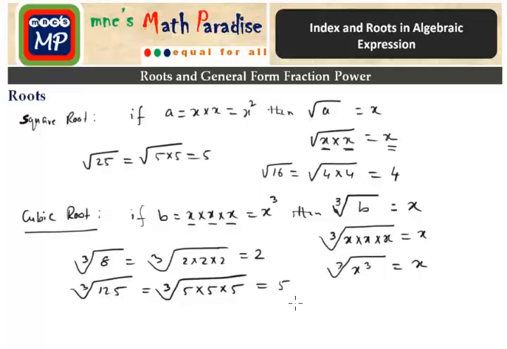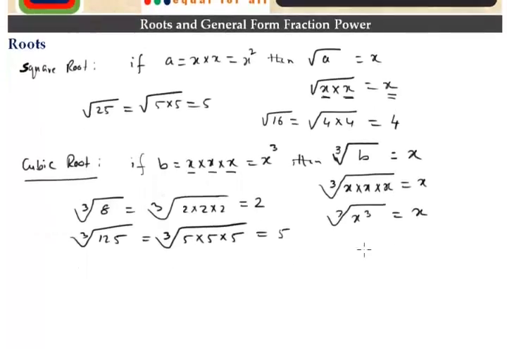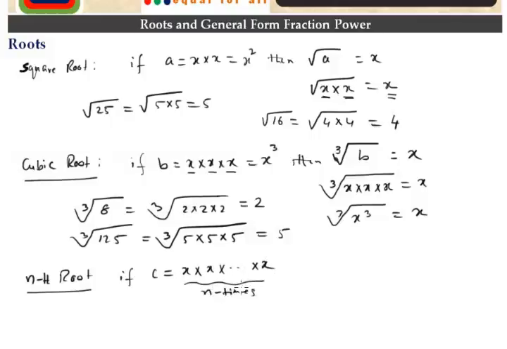Similarly, if we go higher order, that means nth root. In general we call it nth root. That means if a number is a multiple of the same number n times, that is x to the power n, then the nth root of that number is x.